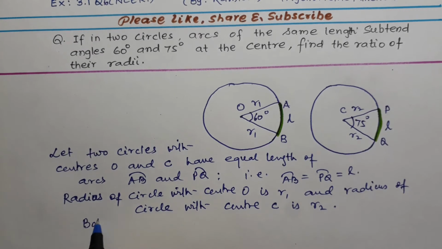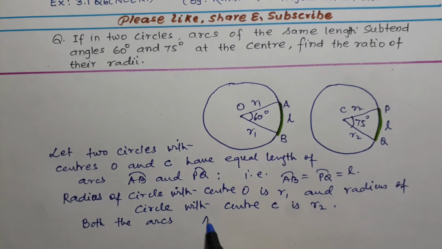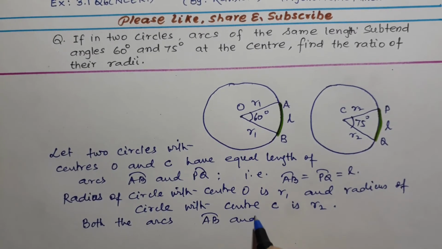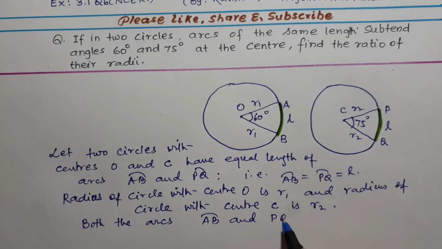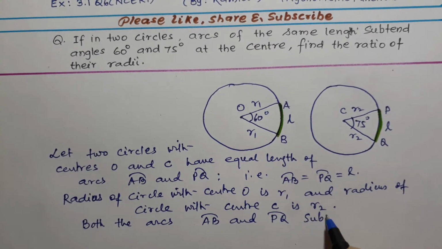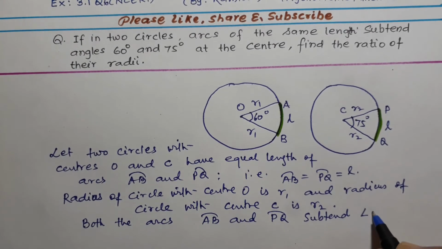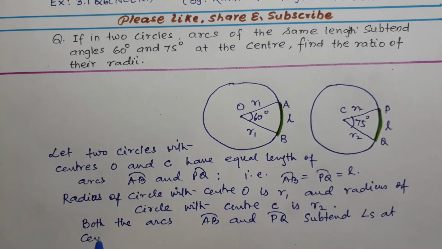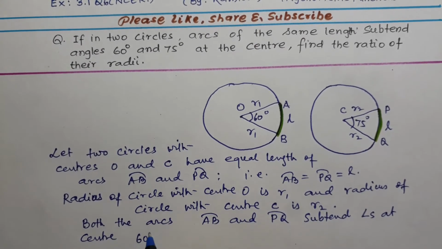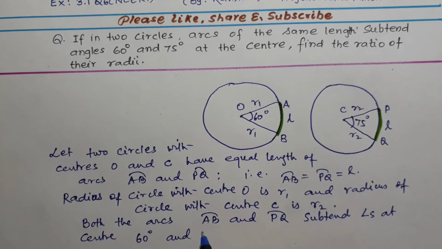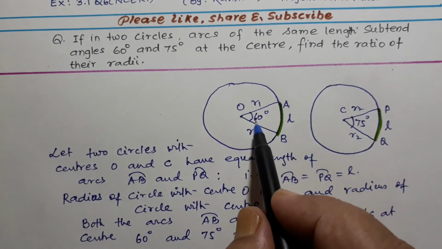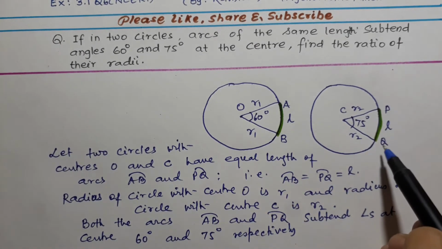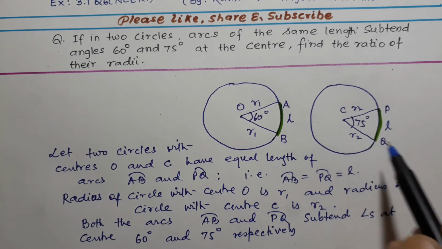Both the arcs AB and PQ subtend angles at center 60 degree and 75 degree respectively. Okay, this AB is subtending angle 60 degree at center, this PQ arc is subtending 75 degree at center.